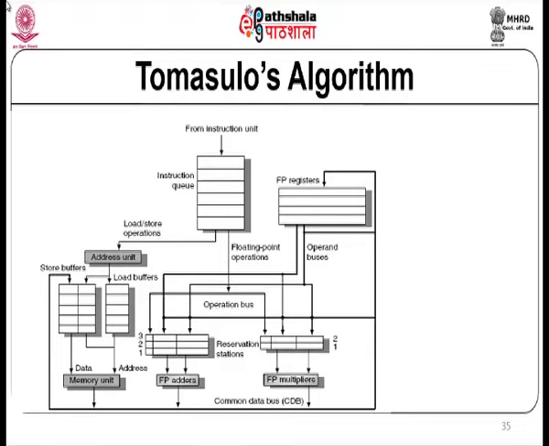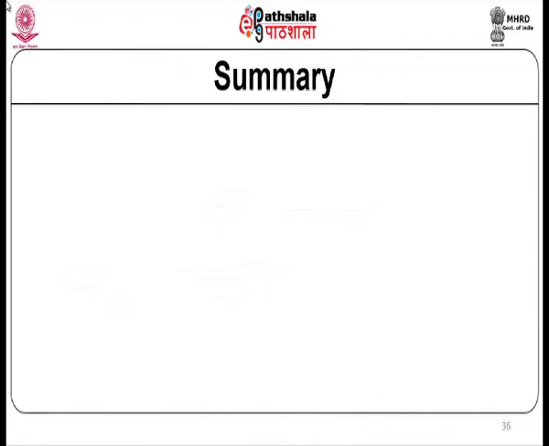As soon as the instruction is fed there, the operands are also read from the register file if they are available and buffered there. All the functional units are connected by means of the common data bus. The common data bus will broadcast the data, and any reservation station or the register file which is waiting for this data will grab it.